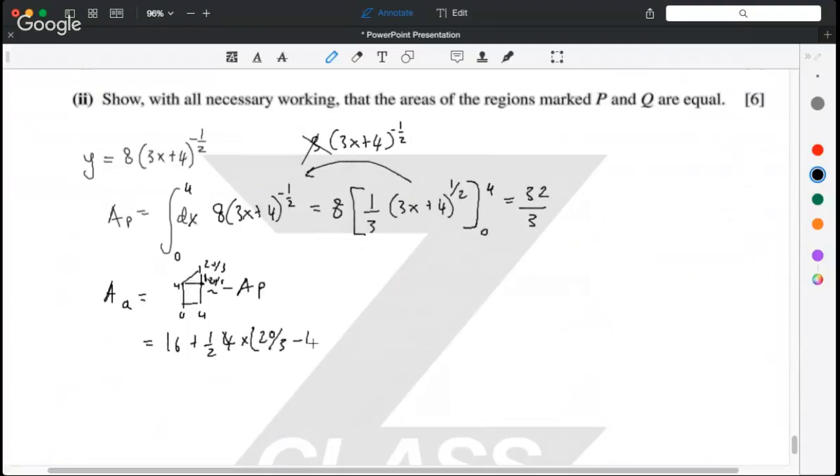I hope that's clear. So I'm just dividing it into a box and a triangle and measuring it, minus AP. And you will find that this is equal to 32 over 3 as well.